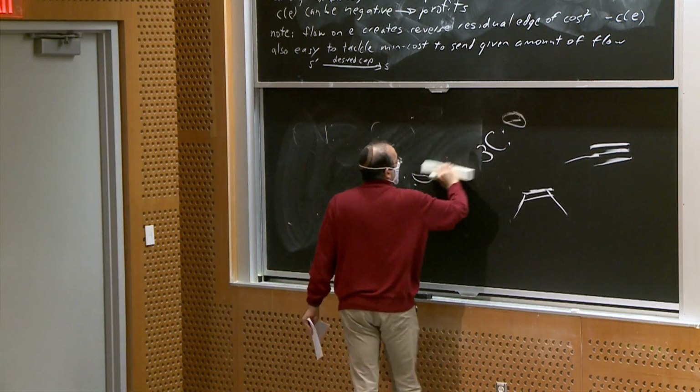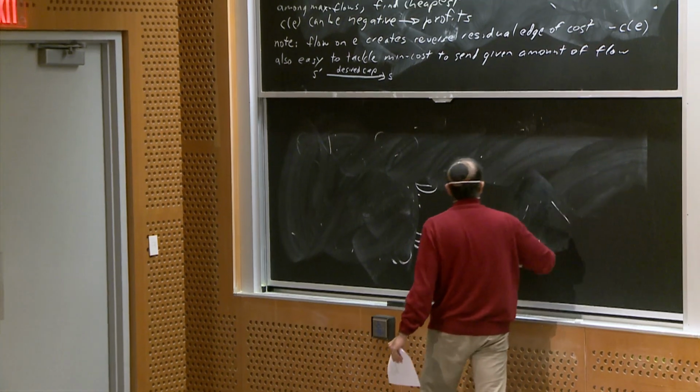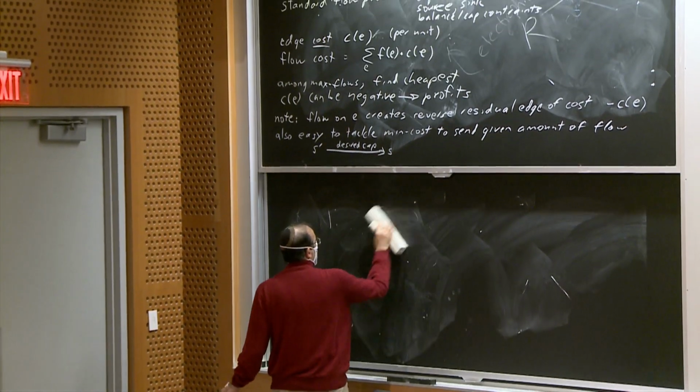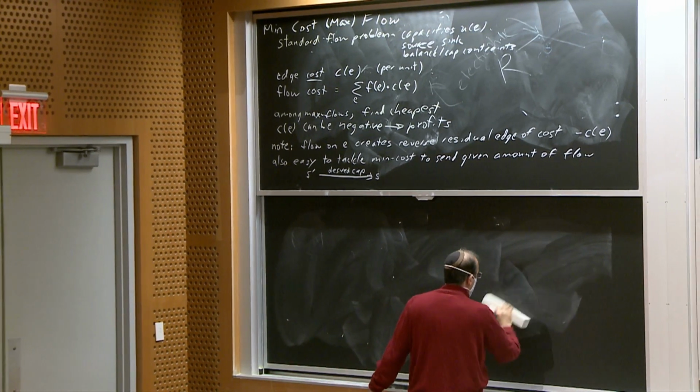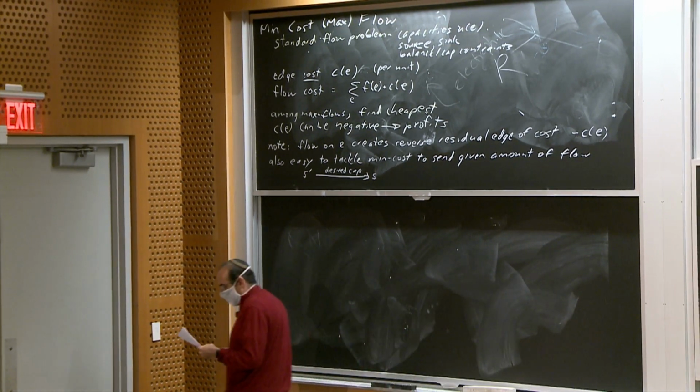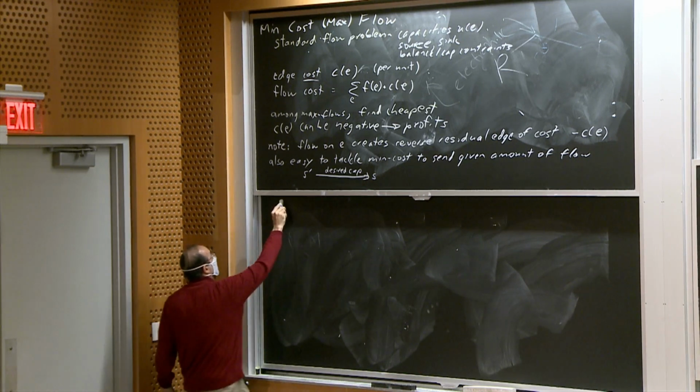Now, clearly, the min-cost flow problem is a generalization of the maximum flow problem, because anytime you solve a min-cost flow, you are, by definition, finding a max flow.